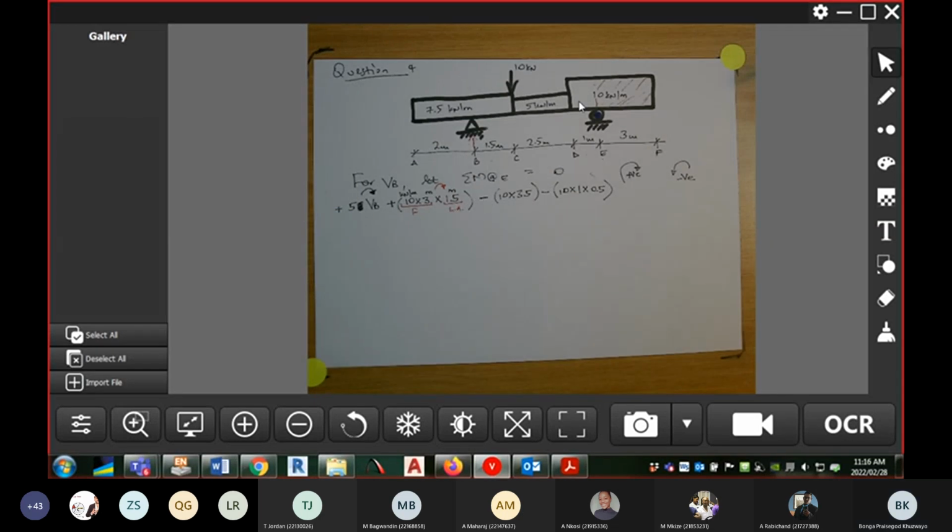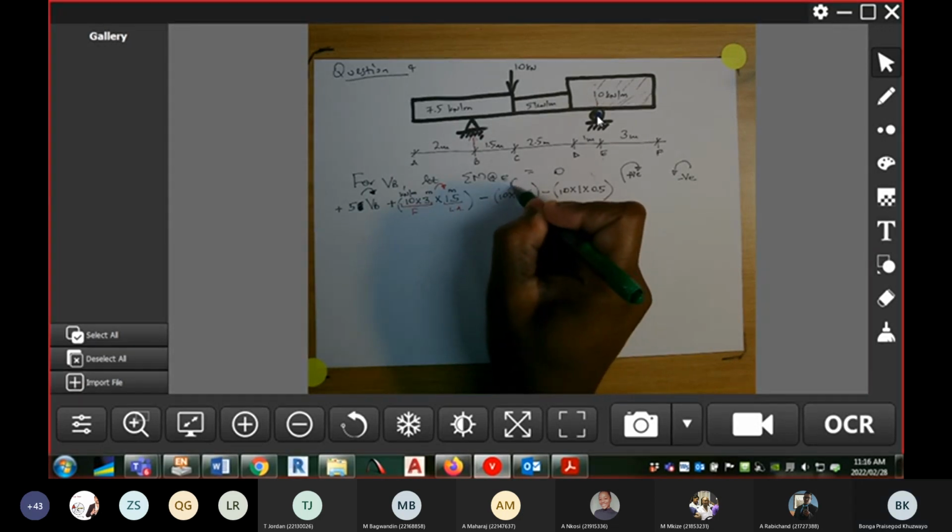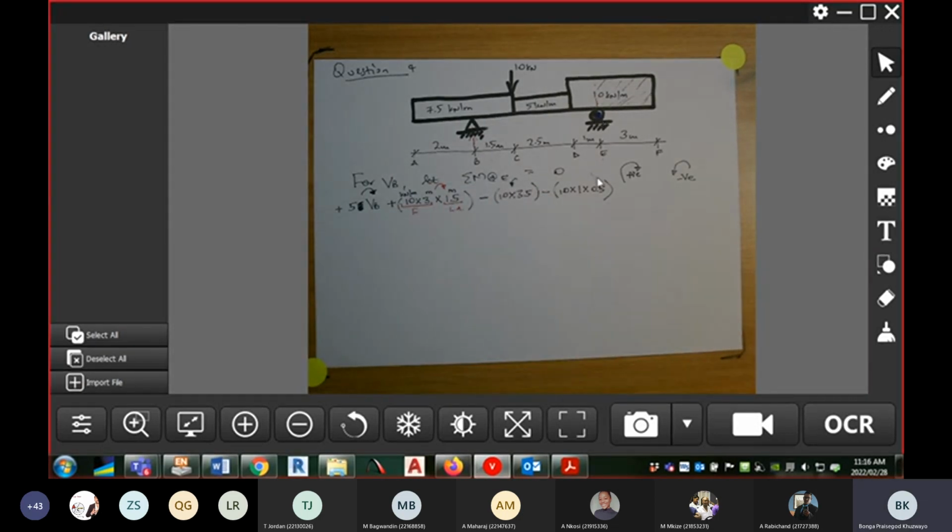And then now we have forces that are going anti-clockwise about node E. The first one is the point load, and the lever arm for the 10 kilonewton point load is 3,5.